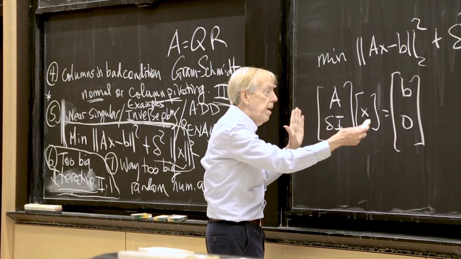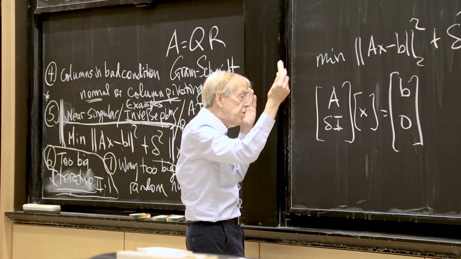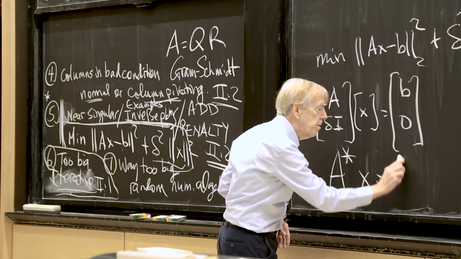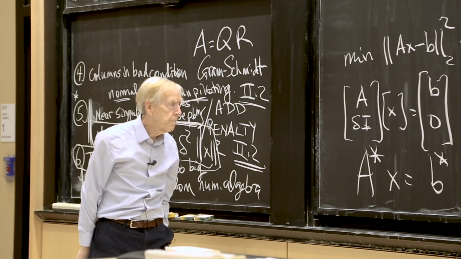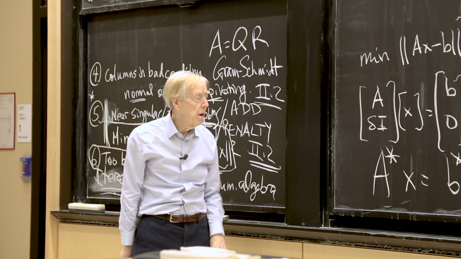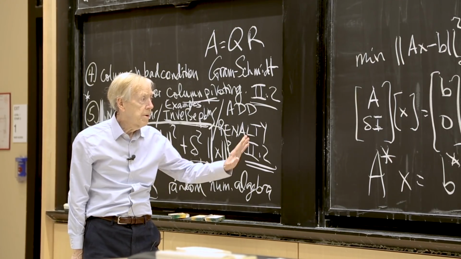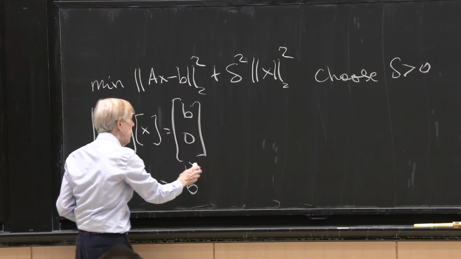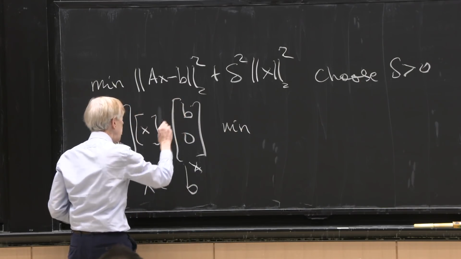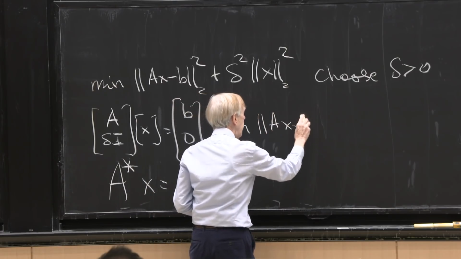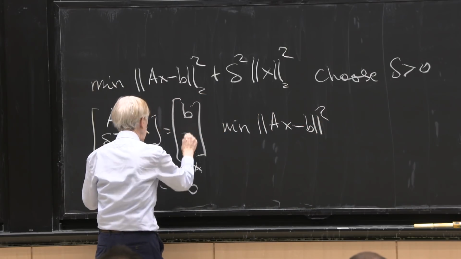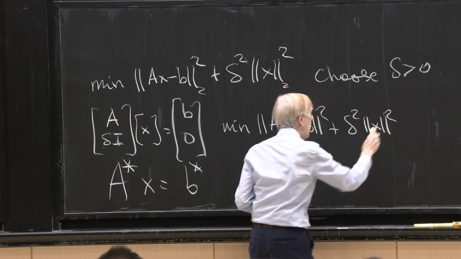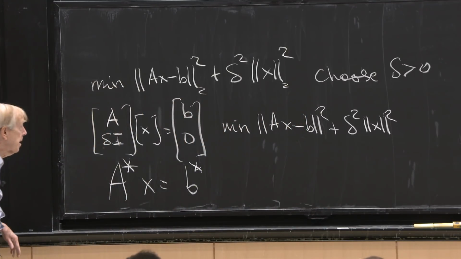This is the new big A star, and this is the new B. If I apply least squares to that, I minimize the sum of squares, so least squares would minimize the norm of Ax minus b squared from the first components, and delta squared times the norm of x squared from the last component, which is exactly what we said we were doing.